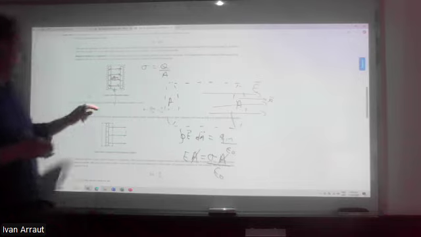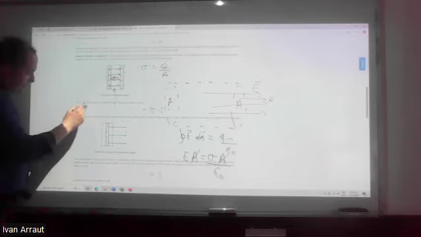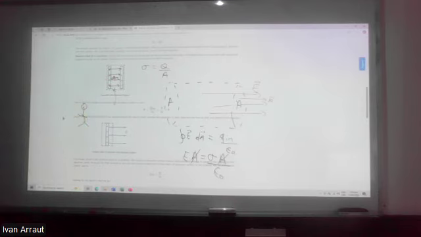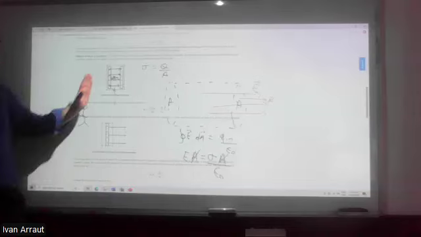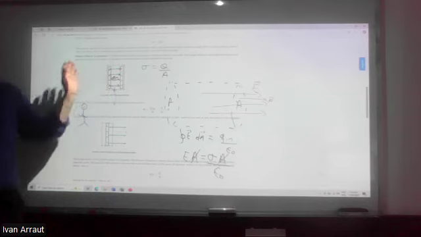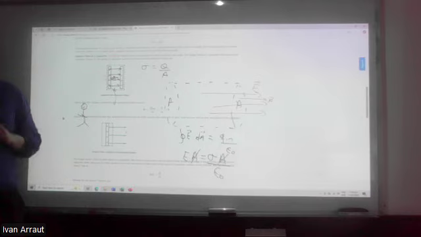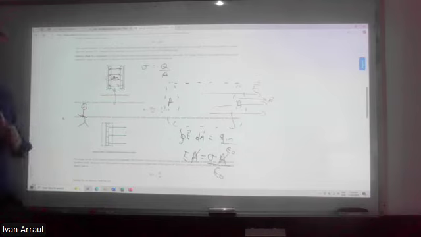Now, what happens if I am an observer outside these plates? I put myself here, watching these parallel plates. What electric field can I see? Zero, because all the lines go from positive to negative. We are assuming that the parallel plates are charged with the same magnitude and opposite sign.